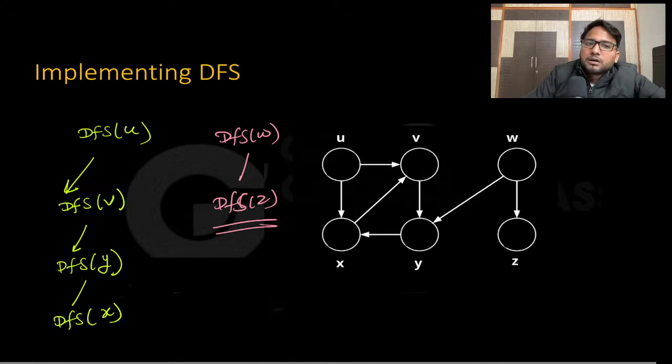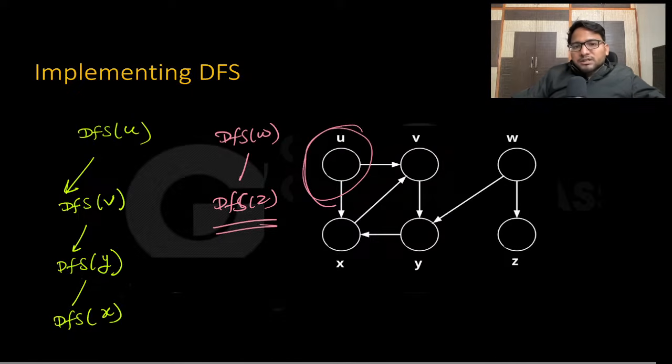Okay. So what is the time complexity here? See, you are just having one function call, and that will keep on calling something else. You are calling all the neighbors. If a neighbor is visited, then you will not call.